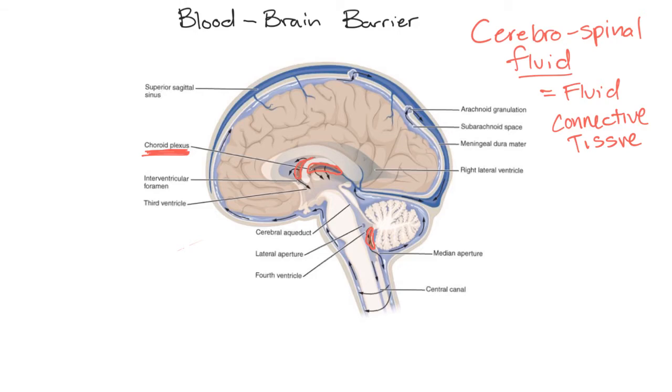And what's happening here, these are what is making our cerebrospinal fluid. And they're made by a glial cell called the ependymal cells.